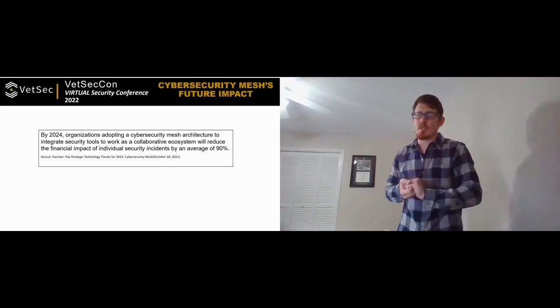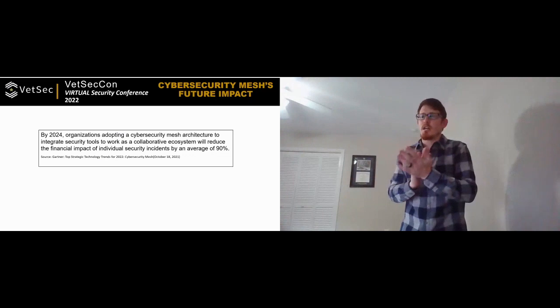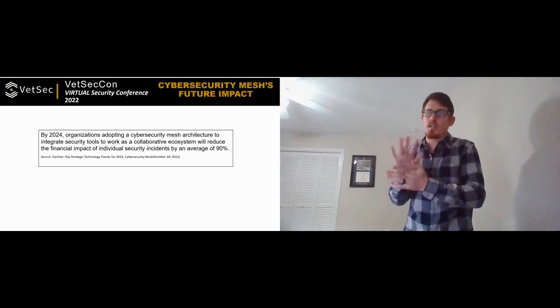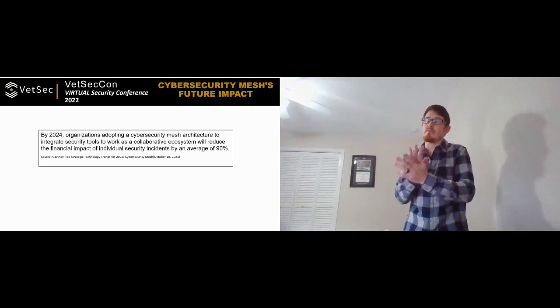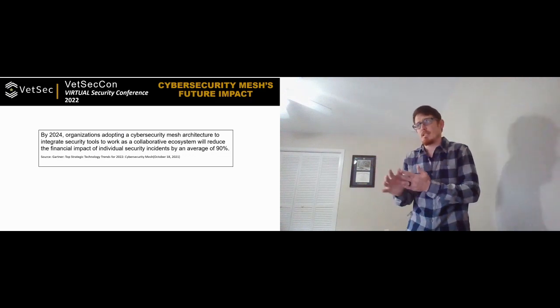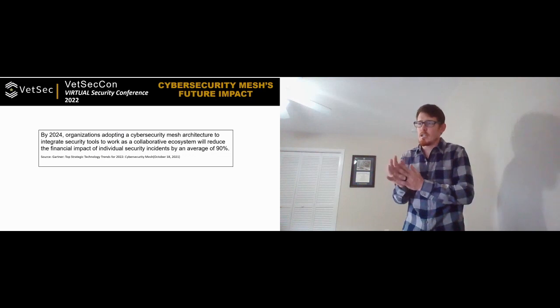I think they're being modest. I think if organizations can, in fact, implement a cybersecurity mesh, and even add that with zero trust, it's not going to be 90%. It will be a lot higher.